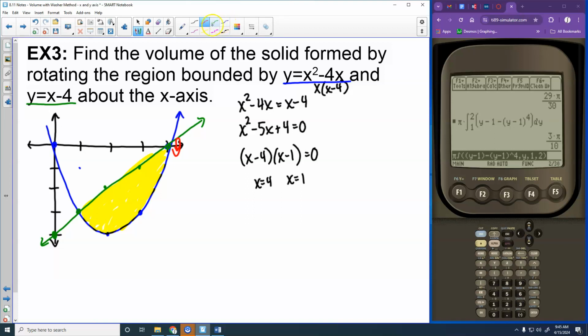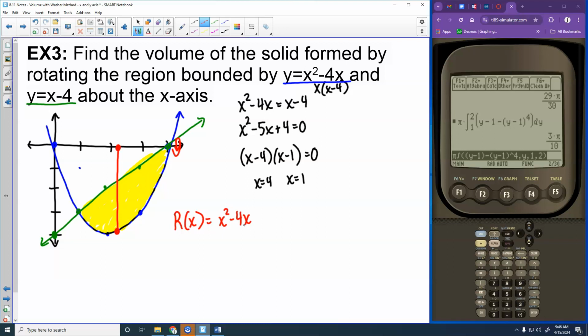So our furthest away, our capital R of x, is going to be the blue graph, which was x squared minus 4x.